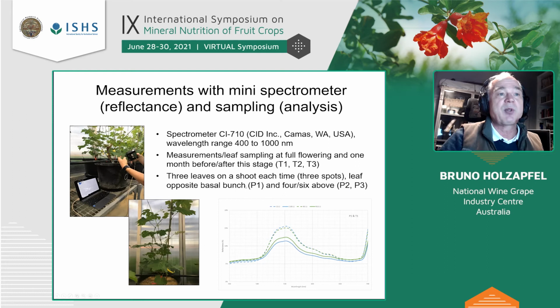So that's a standard procedure where we take PTO levels, but then again 4 and 6 leaves above that position. And yes, we get quite a difference there in 550, and that's what I'm focusing on here.